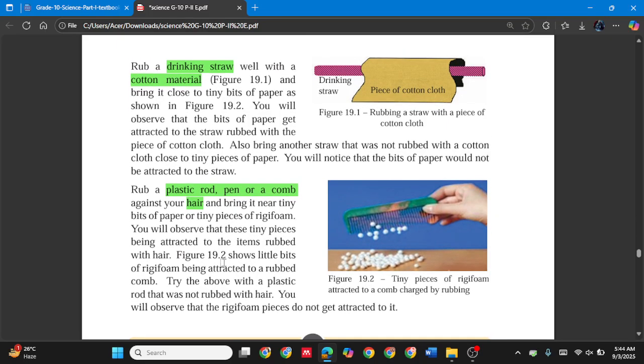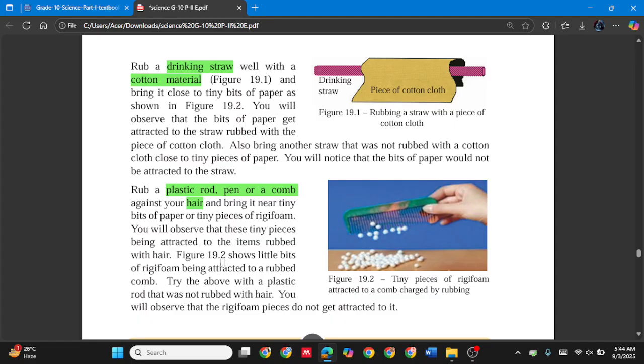You will observe that these tiny pieces are attracted to the items rubbed with hair. Figure 19 shows little bits of thermocol being attracted to a rubbed comb. Try the above with the plastic rod that was not rubbed with hair. You will observe that the thermocol pieces do not get attracted to it.